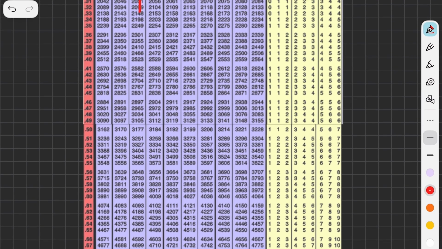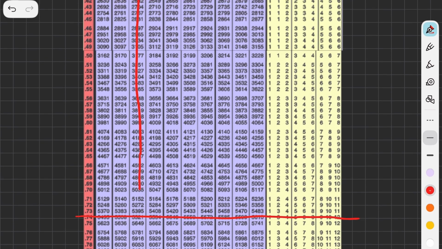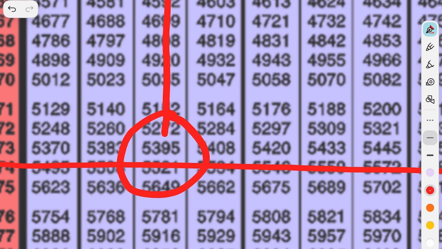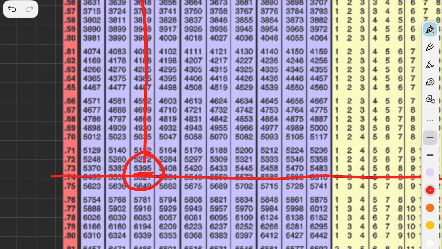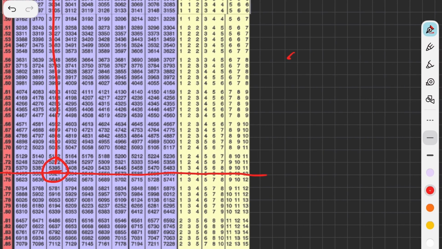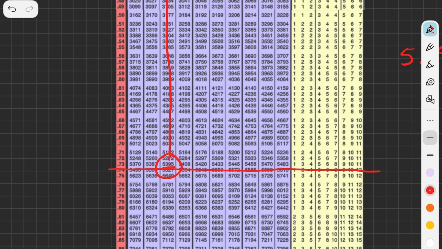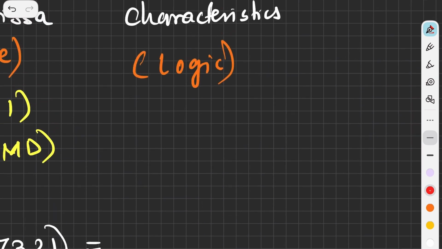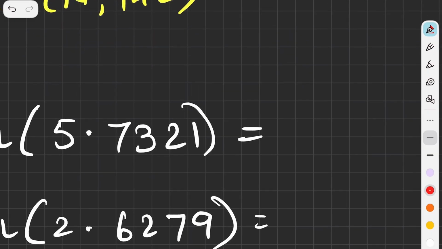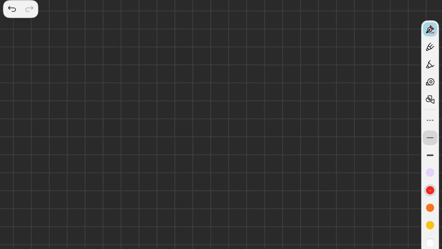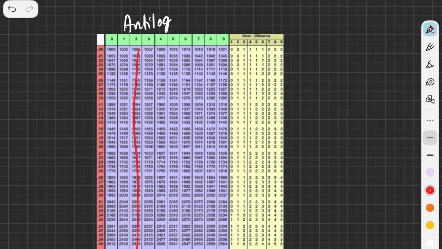So 73 and this number, I am getting as 5395. Okay, so I'll write it somewhere: 5395. And the mean difference should be added, but the mean difference is for the fourth digit. So 73 is the row number, 2 is the column number, and 1 is the mean difference. You get this 1 in the same row.